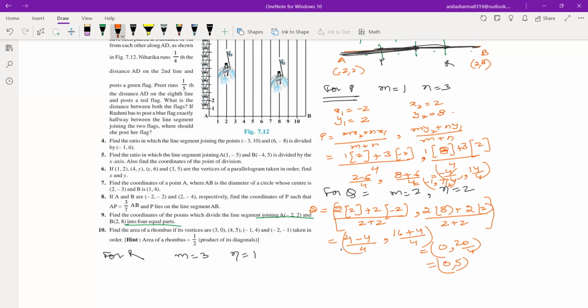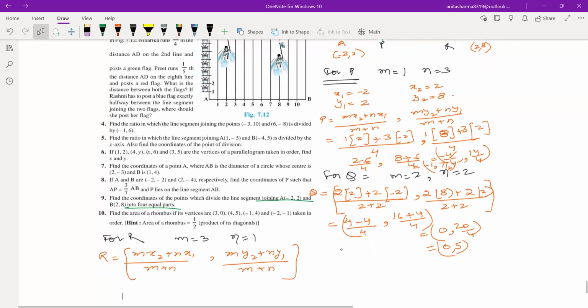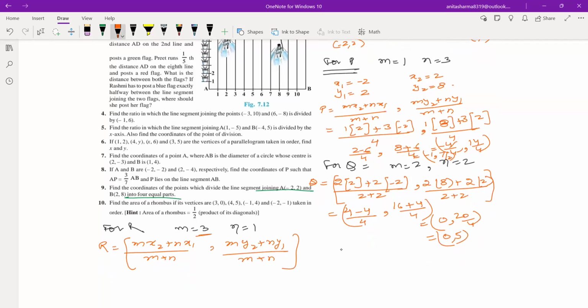Now for R, again apply the formula mx2 plus nx1 upon m plus n, comma my2 plus ny1 upon m plus n. So here the value of m is 3, x2 is 2, n is 1 into minus 2, upon again 4.